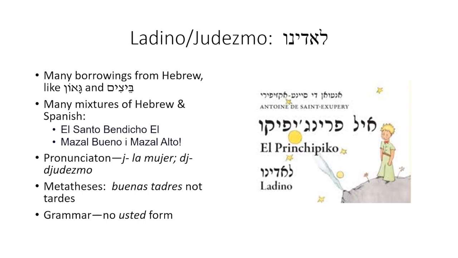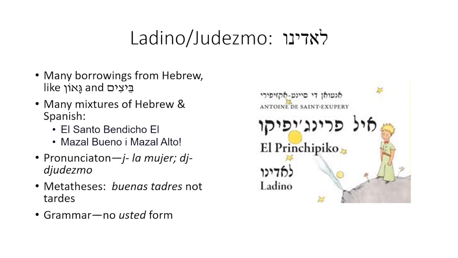The first el in this means the, el santo bendicho, the sacred and blessed, and el in the last word in the phrase is from the Hebrew, meaning a word for God. We also find the phrases mazal bueno y mazal alto. Mazal bueno, good fortune, congratulations, and mazal alto, high congratulations.